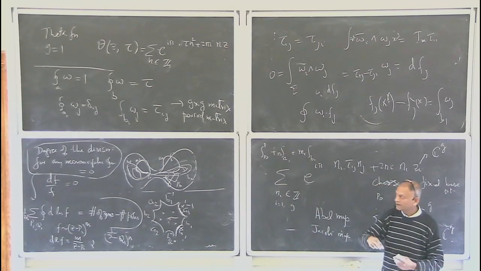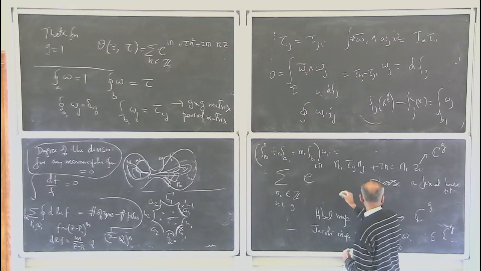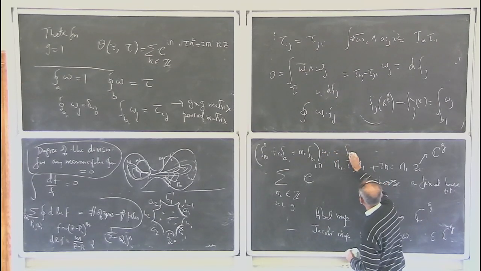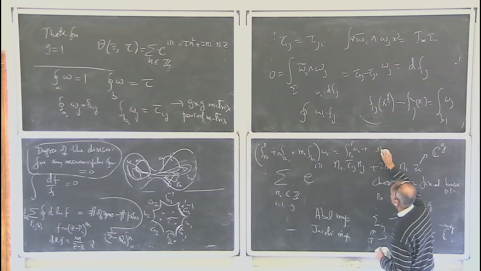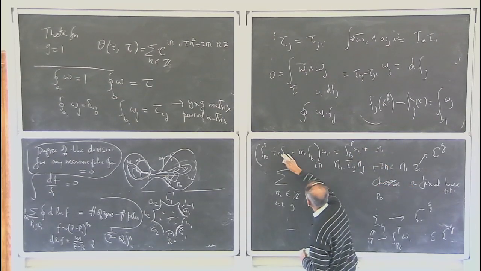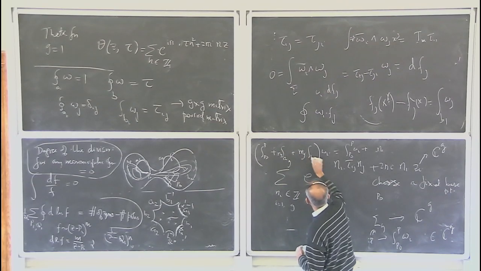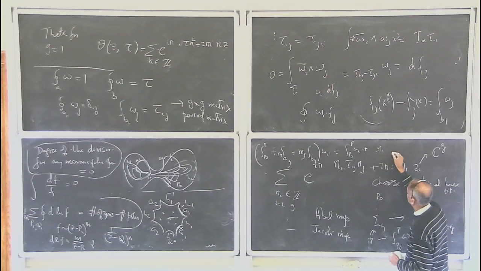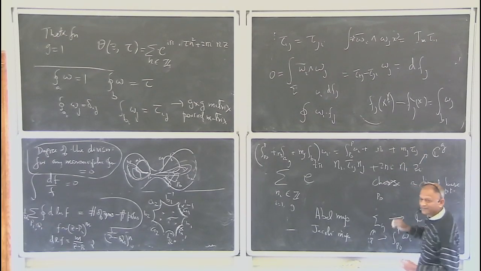Now I integrate over all of that. Then I will get the original value, the integral from P naught to P of omega I, plus N_j times the integral of omega I over A_j, plus M_j times the integral over B_j, so N_i plus M_j tau_ij.